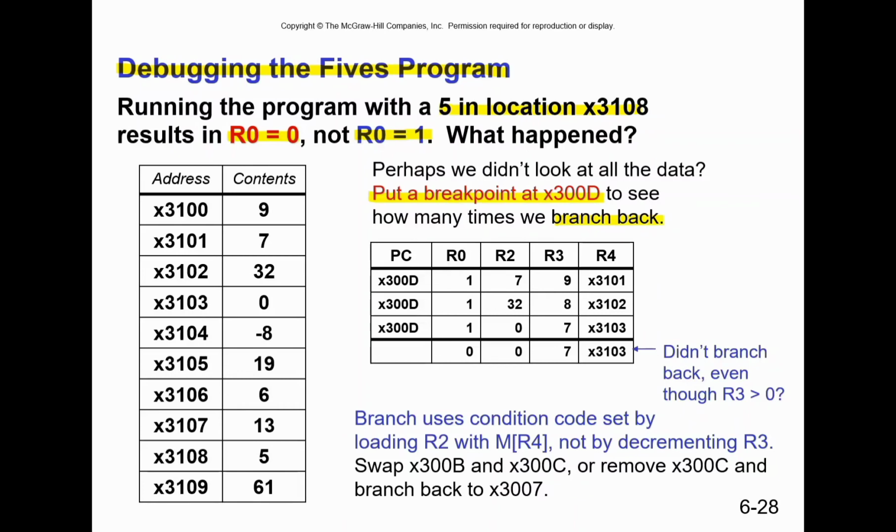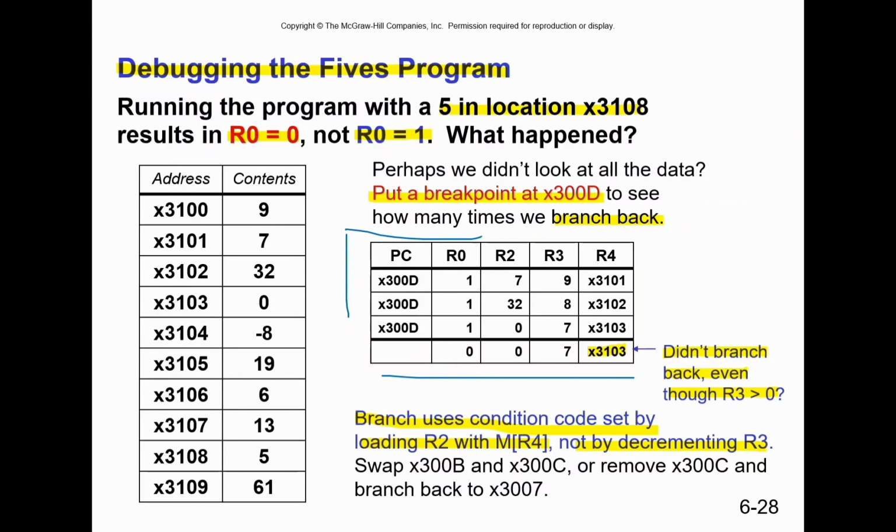We see in these columns different data, because it didn't branch back even though R3 is bigger than 0. This is because the branch uses the condition code set by loading R2 with M[R4], not by decrementing R3.